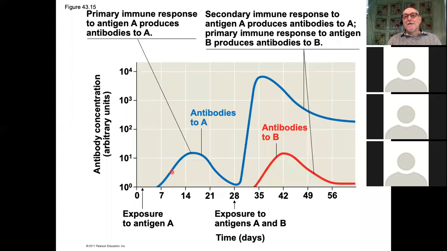What is happening? We're developing a population of plasma cells and memory cells. And those plasma cells are increasing in number, and they're increasing in capacity to produce antibody. They produce more and more antibody that accumulates in the blood and in circulation. So we see an increase in the concentration.